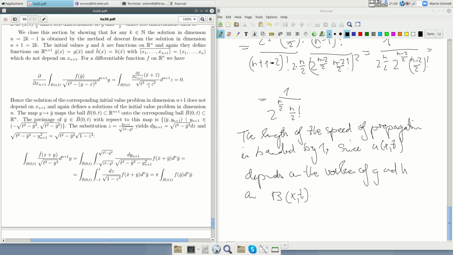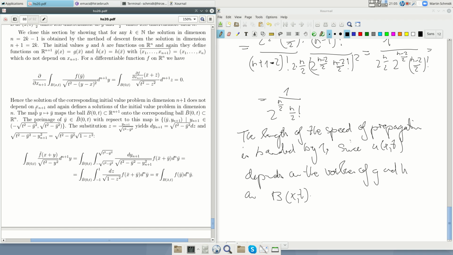This shows this formula. So the same line of arguments applies, since this mean on the ball with this weight doesn't destroy this property. It does not depend on the last coordinate if the function f doesn't depend on the last coordinate. Okay, so we can go down further.